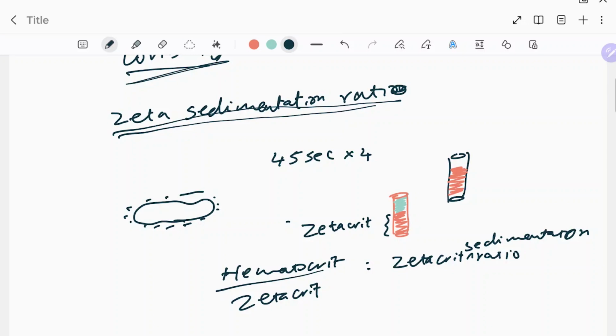Okay, so the normal value of an adult's zetacrit is around 40 to 50% for both male and female. These are rare, but I just thought I'd mention it for your benefit. It's an interesting point. It's unlikely you would ever see this in your life, but it's good to know all of this. It's for the concepts, so we understand the concepts.